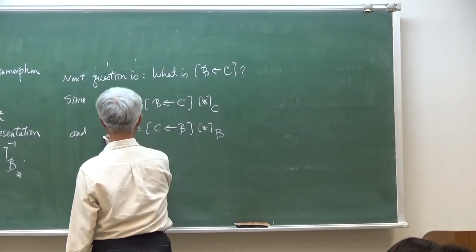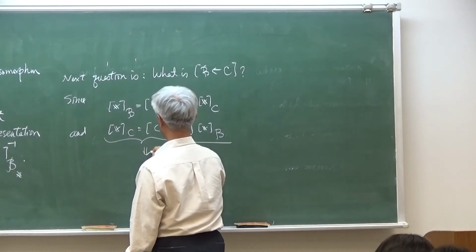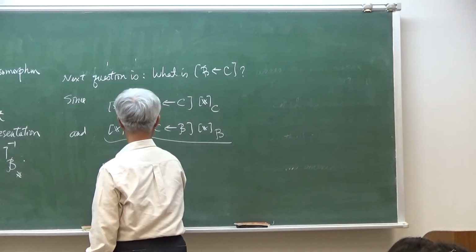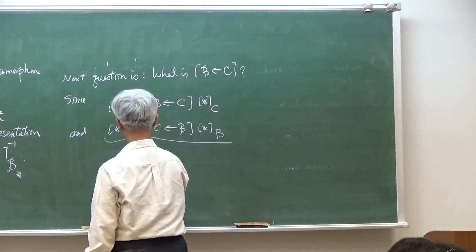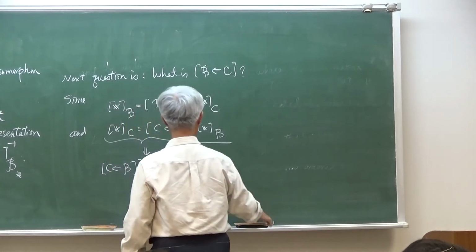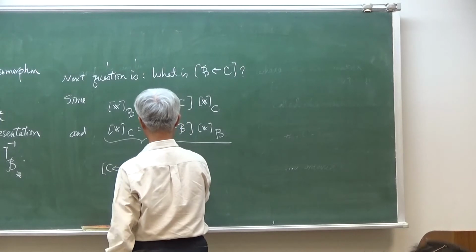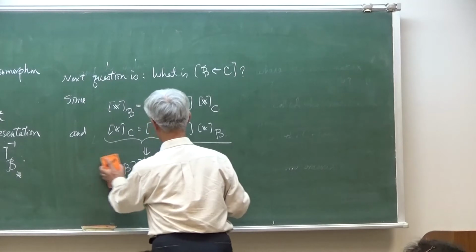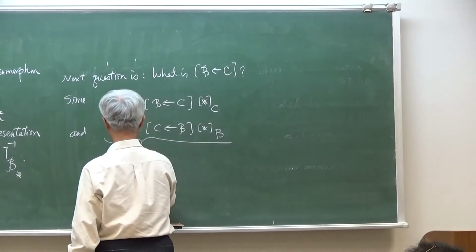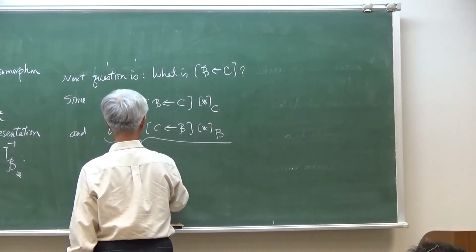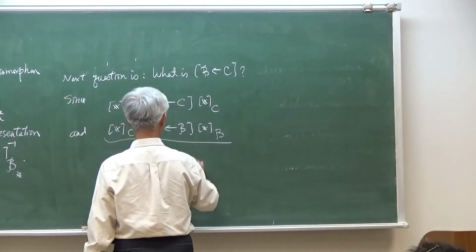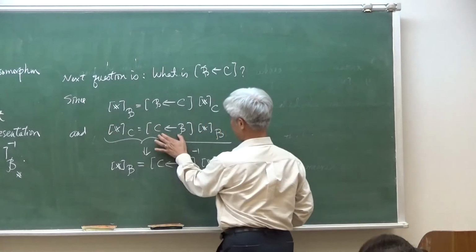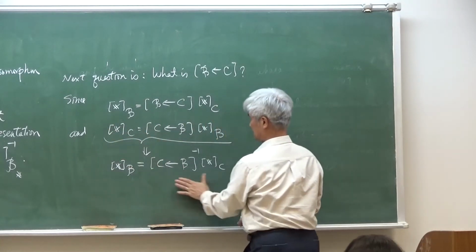Okay? So the inverse of this transition matrix is this. Right. And from here, we know that if we take the inverse, then when we multiply the inverse of this transition matrix, you get this one.